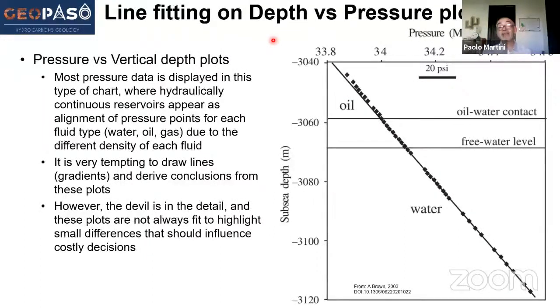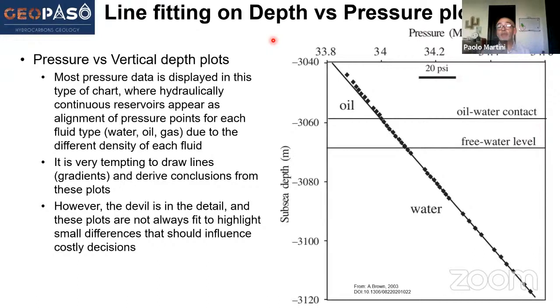But basically, the first interpretation tool is a pressure versus depth plot like this one, where hydraulically continuous reservoirs with the same reservoir fluid appear as a straight line. And the inclination of the straight line gives you basically the gradient and the density of the fluid.